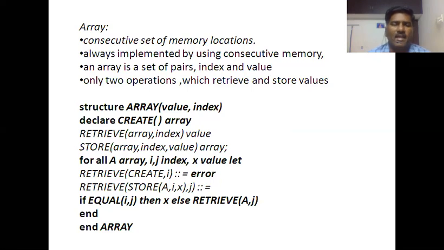Okay, the array is only allowed 2 operations, which is called retrieve and store the values. Okay, retrieve, what is mean by retrieve? So once you store the element into that array, suppose I want to print that element, immediately you take from that storage space.